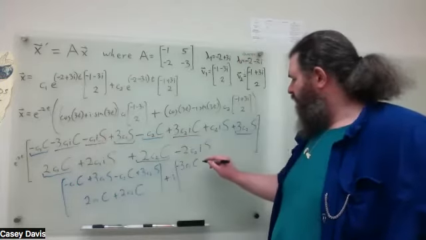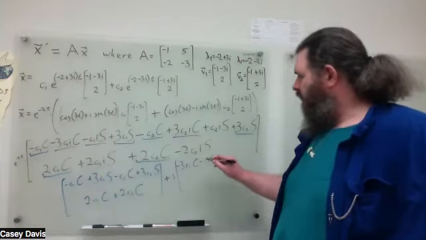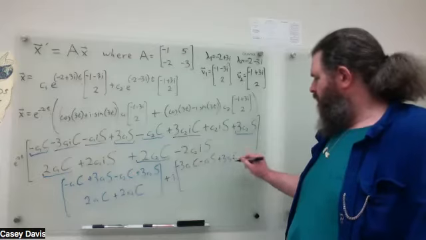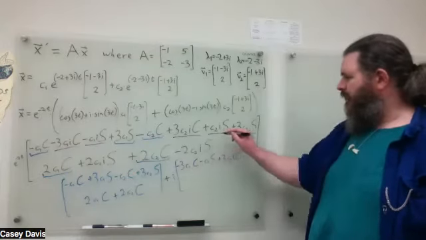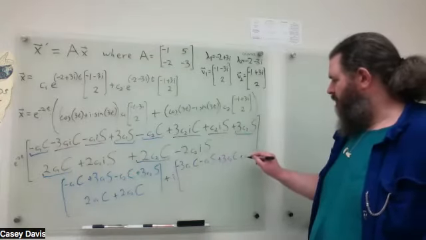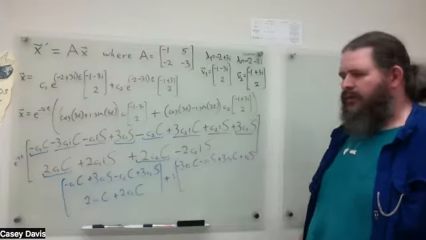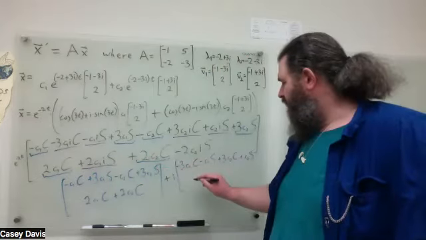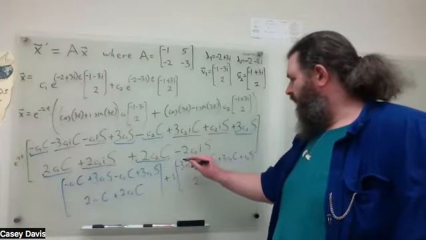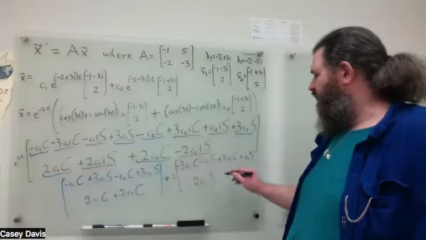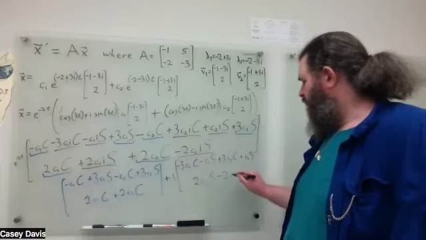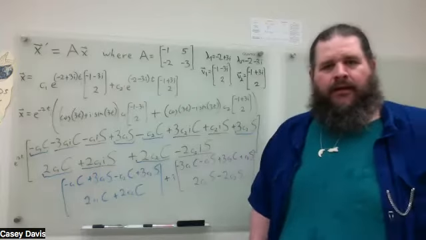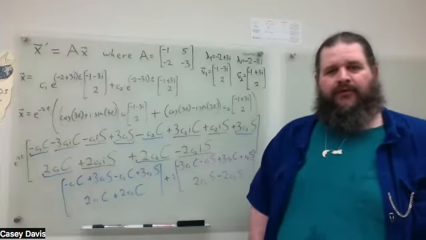Minus C1 sine, plus 3C2 cosine and plus C2 sine. And then in the lower component, we've got 2C1 sine and looks like minus 2C2 sine. Any questions on that splitting up so far?